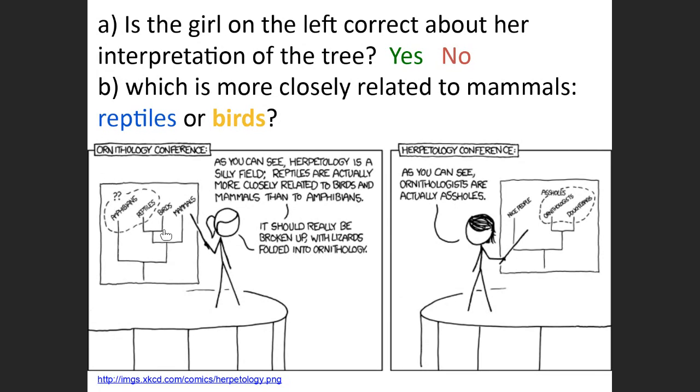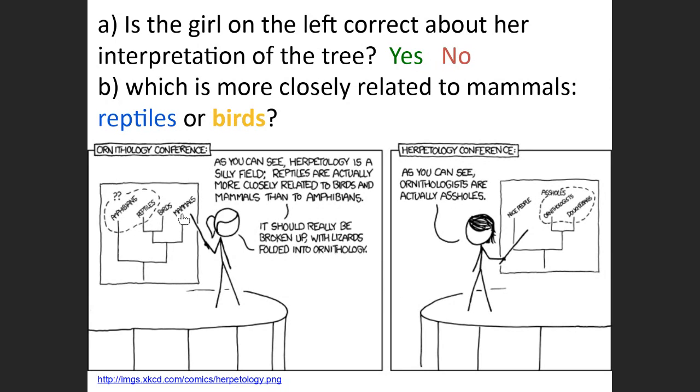If there was a scale and this one was shorter than this, then you could say that mammals are more closely related to birds than to reptiles. But if they're the same length, then the fact that they appear next to each other means nothing.